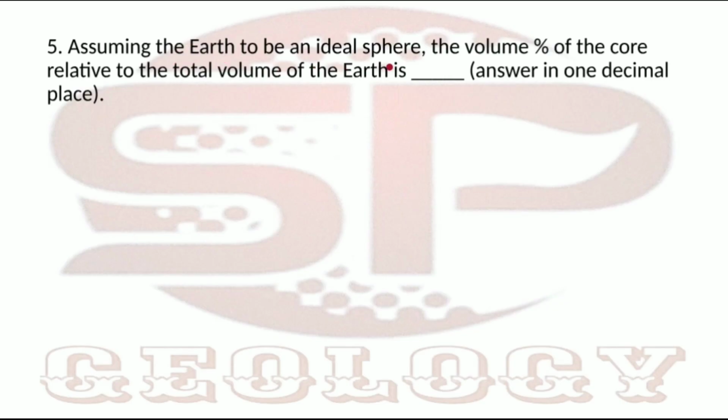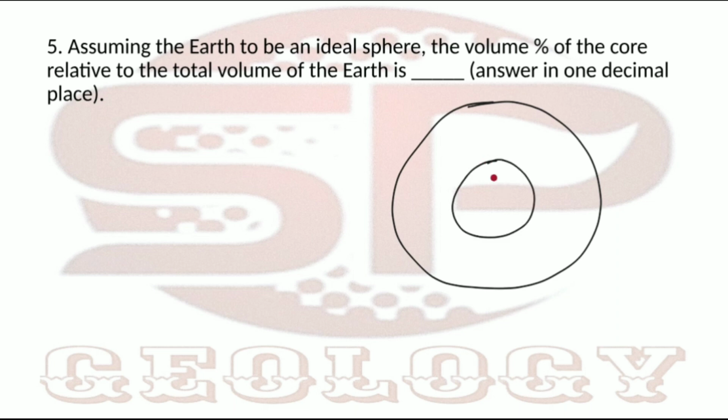Assuming the Earth to be an ideal sphere, find the volume percentage of the core relative to the volume of the Earth. So this is Earth, this is core. So we can calculate the volume. These are the two volumes.